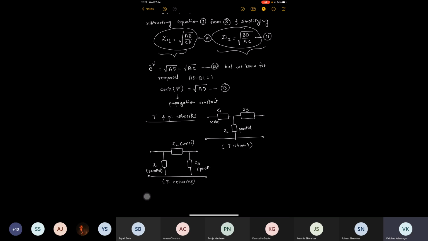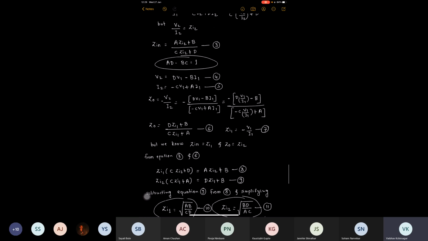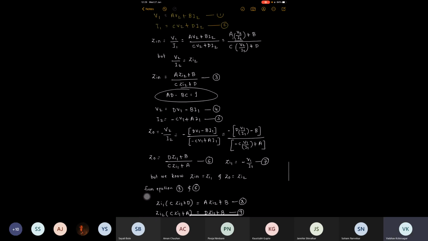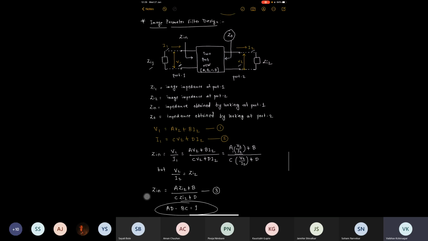So one can choose any of these basic building sections in order to construct the filter using the image parameter technique. Okay. So either we can make use of this T network or pi network as a basic building block of filter design using the image parameter technique. I hope you understood how the image parameter technique looks and how it is exactly utilized for the design of filters.